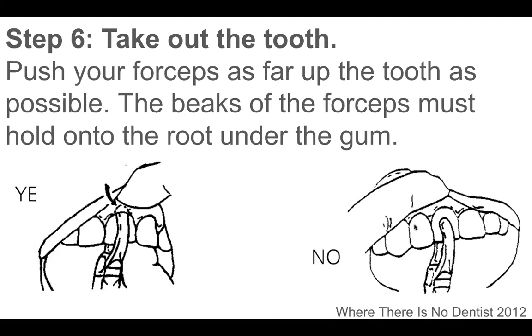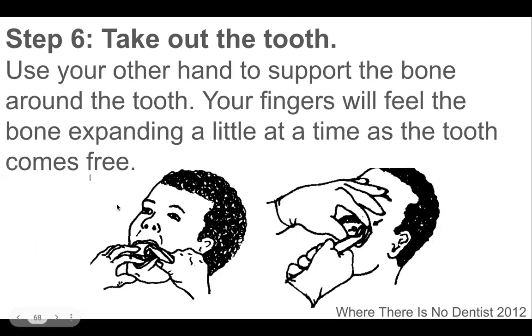Remember, the tip of the forceps needs to go as far as possible so that you will not break the tooth. The beaks of the forceps must hold onto the root under the gum.